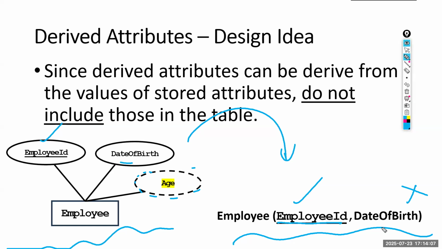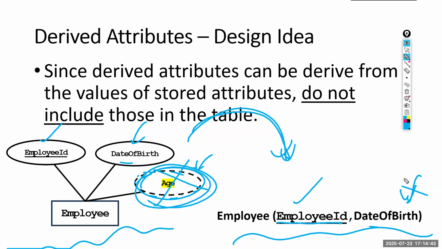Date of birth is there, but we have not added age as a field, because age is a derived attribute. We are not supposed to save age because at any time we can calculate the age with the help of the date of birth and the current date. Of course, on every computer you can access the current date, the system date. So when you design, make sure you skip your derived attributes. Don't include them in your table.